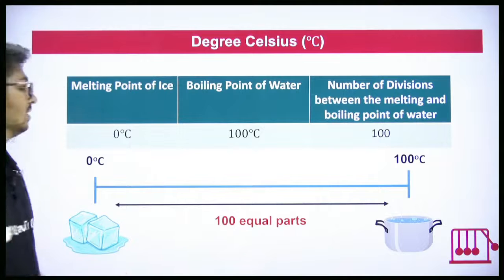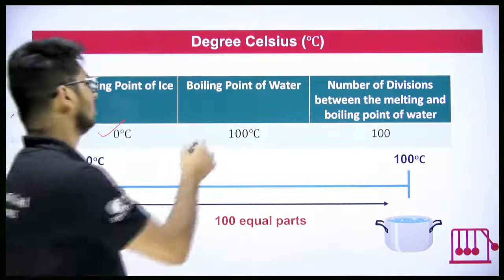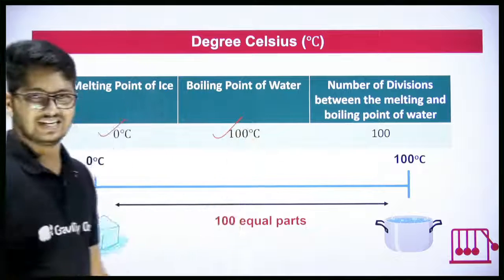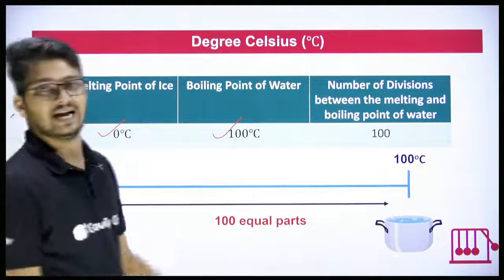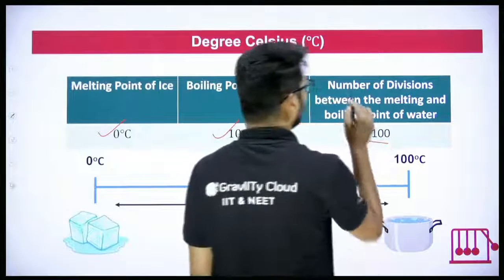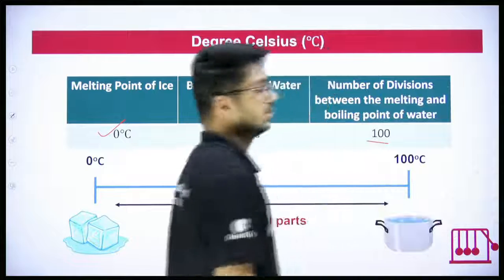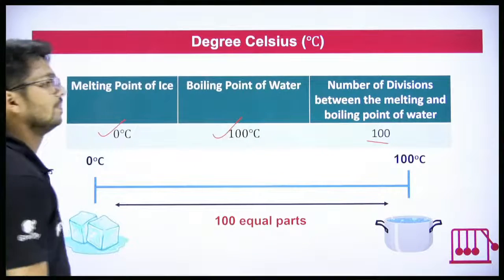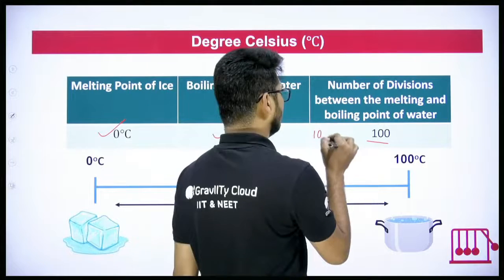Celsius is one of the standards, where the melting point of ice is 0 degree Celsius and the boiling point of water is 100 degree Celsius. And how many parts do we have in between? 100 minus 0, 100. The number of divisions between the melting and boiling point of water is 100 minus 0, which is equal to 100. Clear?